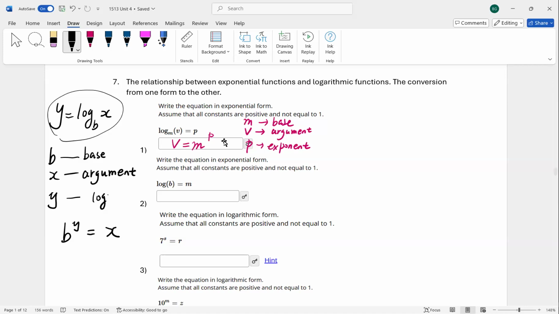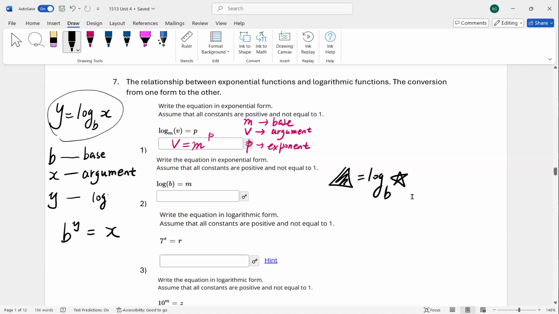For example, if I give you this, can you tell me the names for the three parts? How do we say B? That one is easy.